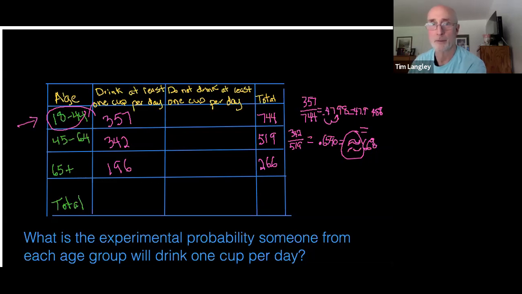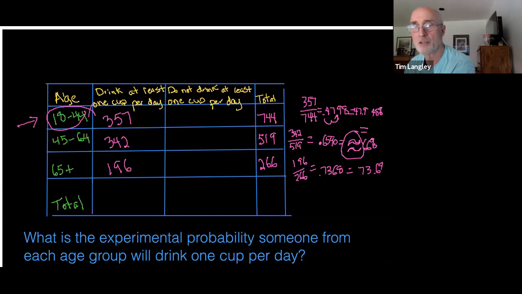Instead of saying equals exactly, when they bend them a little bit, it looks like this, it means approximately, okay? And then the next category, the 65-year-olds plus, if I punch that into my calculator, I could figure out what percent of them do. 196 out of my 266. And I want you to notice something kind of interesting here. That equals 0.7368, which rounds to about 73.6%, okay?